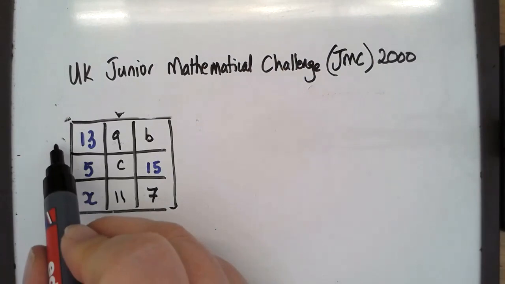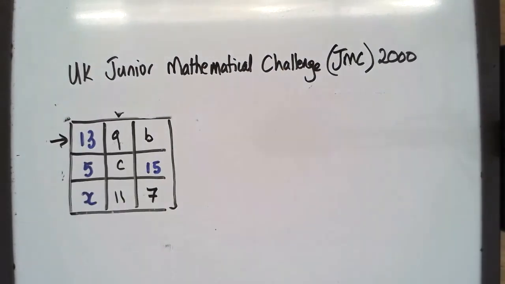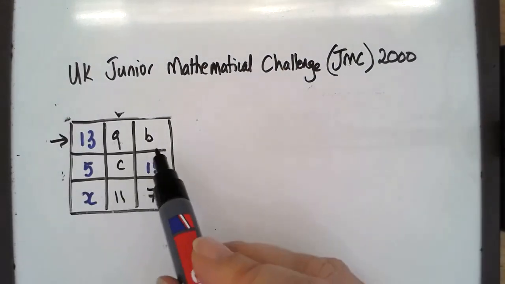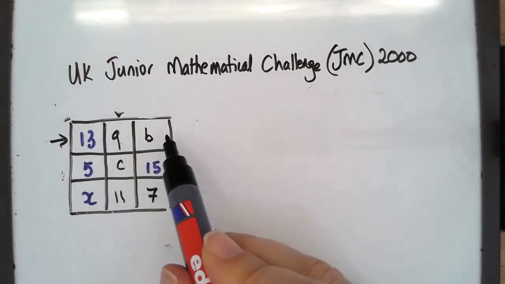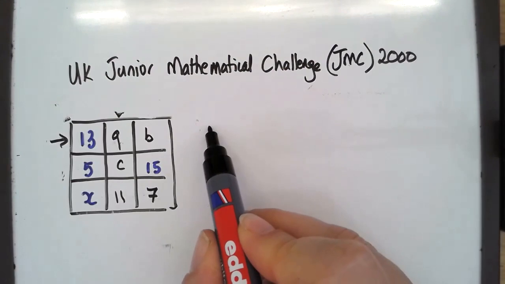Then we're looking at different rows, columns and diagonals. We know that the magic number is going to be the same.